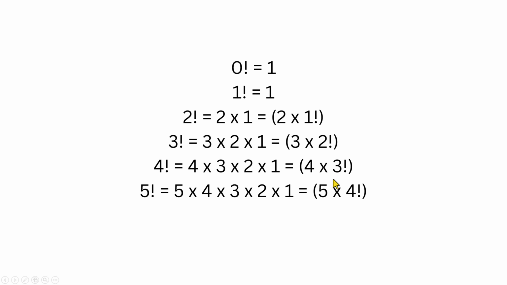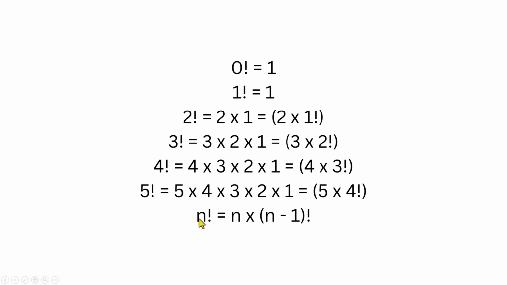In the same way, 5 factorial is 5 into 4 factorial. And we can go on like this. So n factorial is equal to n into n minus 1 factorial. Right?